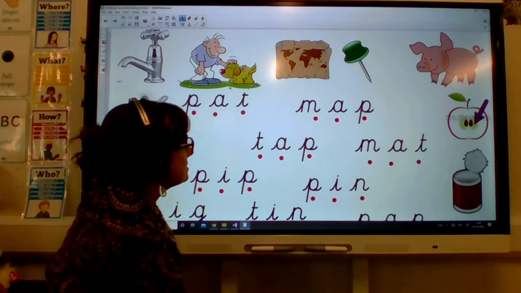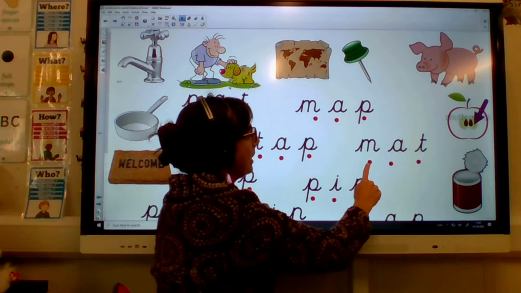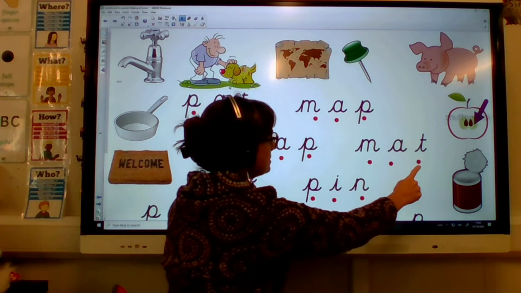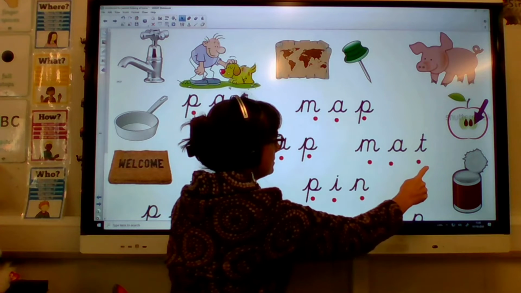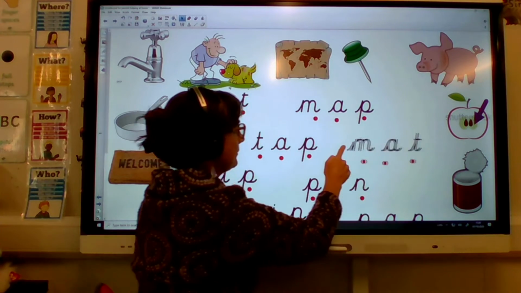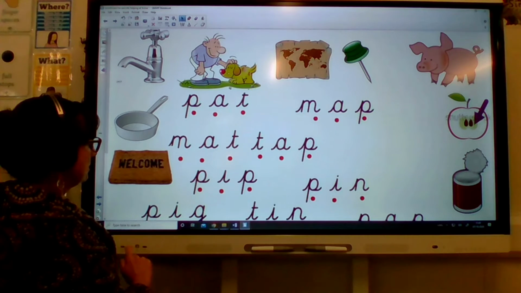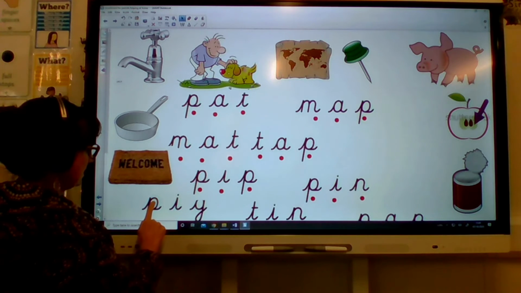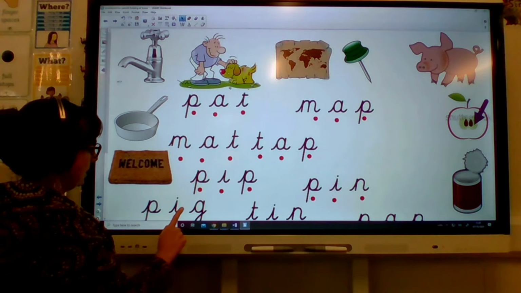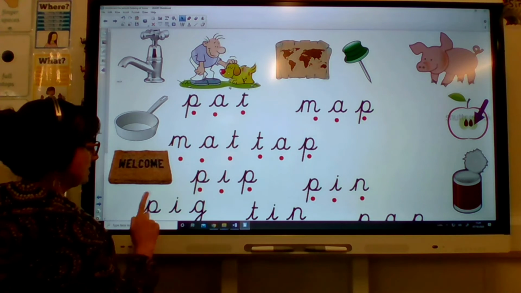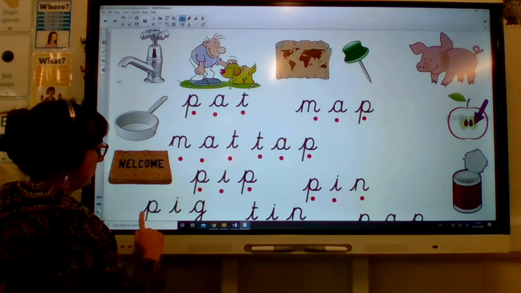Okay, so if I take this word now, at, mat, mat, I would match that. We'll look at this one together. P, ig. Blend it together, say the sounds quickly. Pig, pig.